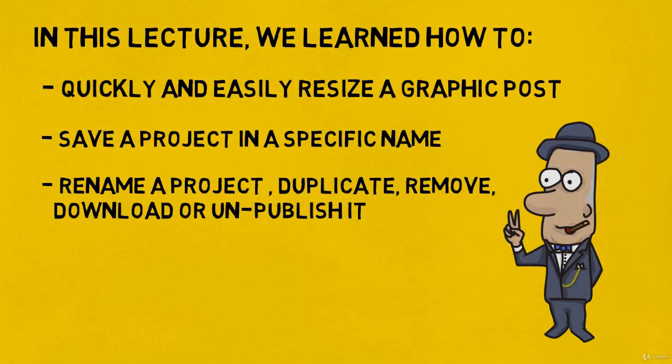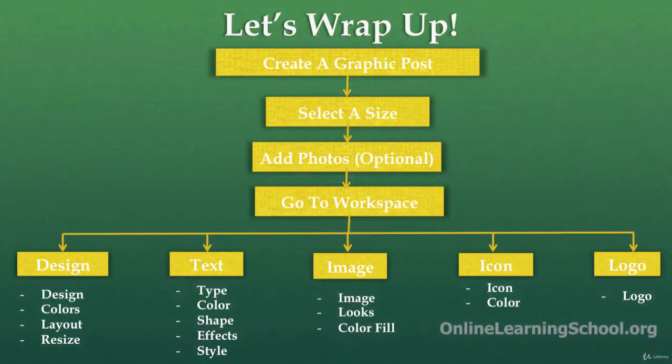Now let's quickly recall the highlights of creating a graphic post that we have covered in detail throughout this section. So what does it take to create a graphic post in Adobe Spark? Select a size, add photos, which is an optional step that you can skip. Then you will be directed to the workspace where you can set a design, add and adjust text, add and adjust images, add icons, and finally add logos.